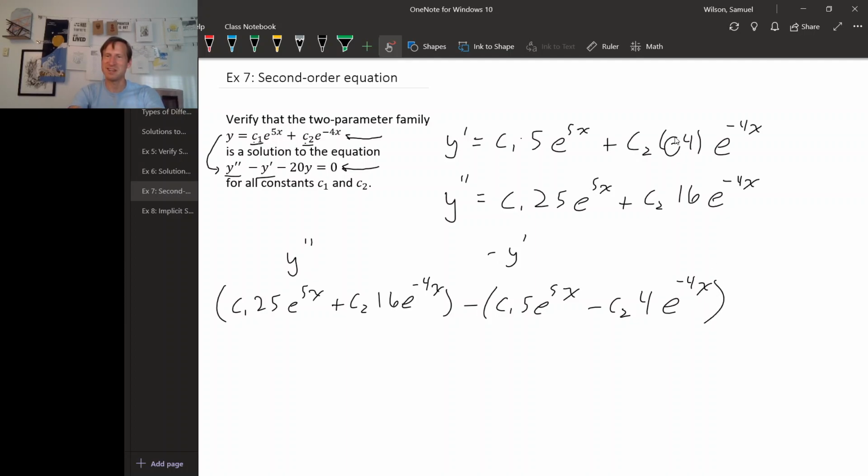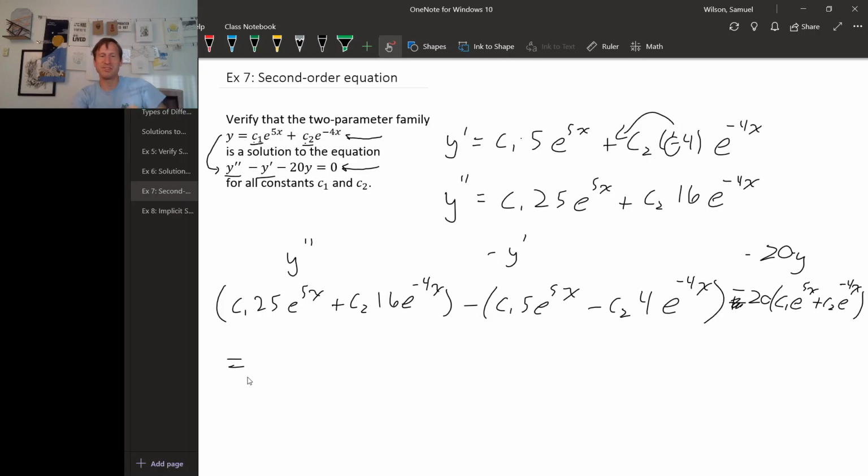So I've taken this minus sign and just made that addition and subtraction instead, plus 20y, minus 20y, sorry. So 20 times y is c1 e to the 5x plus c2 e to the minus 4x. Okay, so this is all supposed to add up to 0.